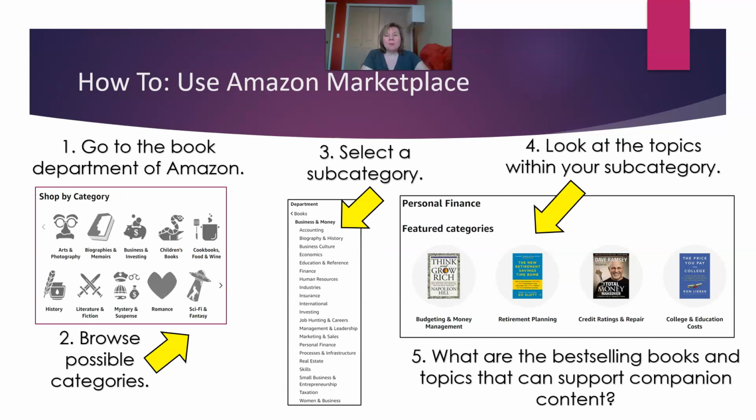You can also use the Amazon Marketplace, which I like because that's often where you might be selling your companion content. It also shows not just what people are searching for, but what people actually want to buy, because they're at a paid marketplace and not just on a search engine. You can look through the categories or subcategories where you plan to sell, look at specific types of topics, and see what topics and books can support that type of companion content.